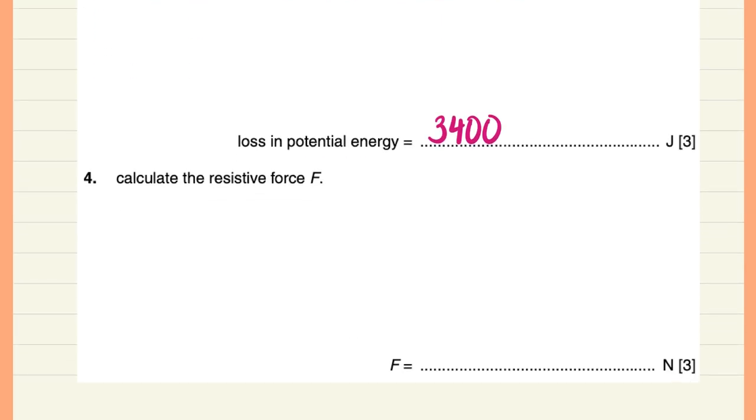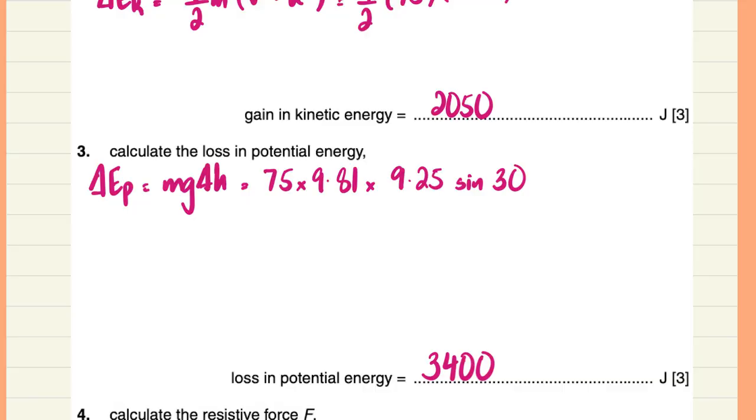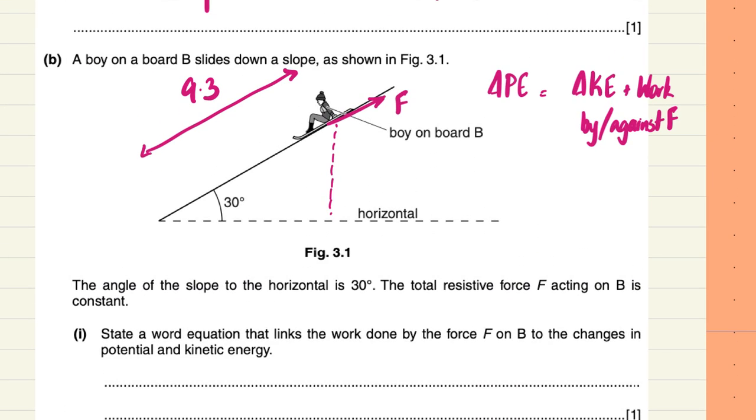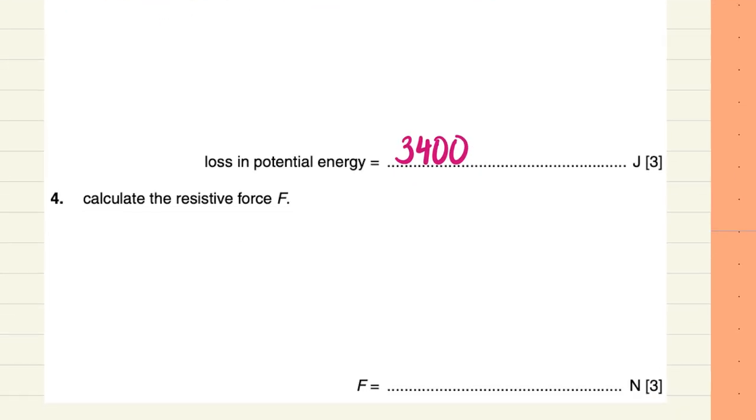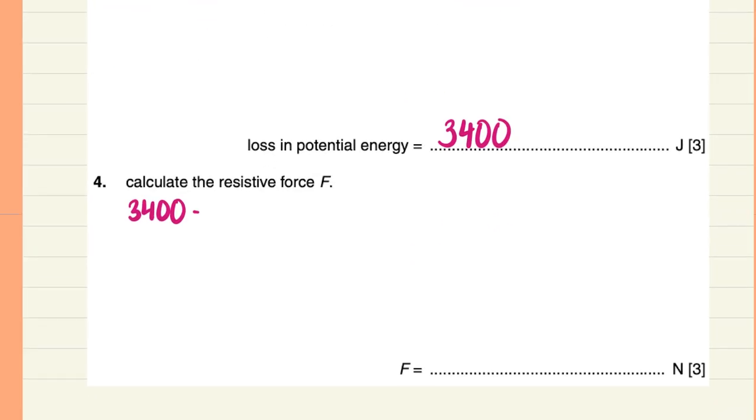Calculate the resistive force F. Again, that just comes from my initial equation. The overall loss in energy, coming directly from this, that delta PE minus delta KE would be the work done by F. So delta PE was 3400 minus delta KE, which was 2050, is equal to the work done by F, which is F times the distance.